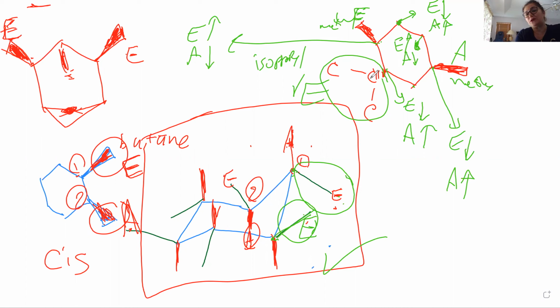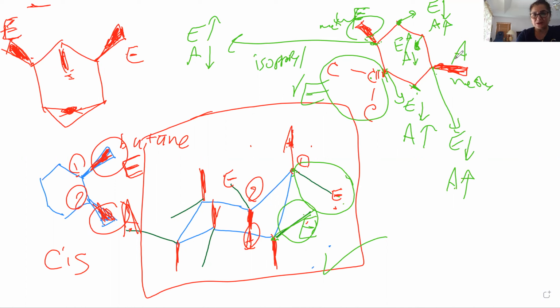So if equatorial here is down, on both sides equatorial is going to be up. Since this branch is up, it has to be equatorial. So we have one equatorial here, a second equatorial, and this one is going to be axial because it's up. In this position, equatorial would be down and axial would be up because it's a 1,3 position.